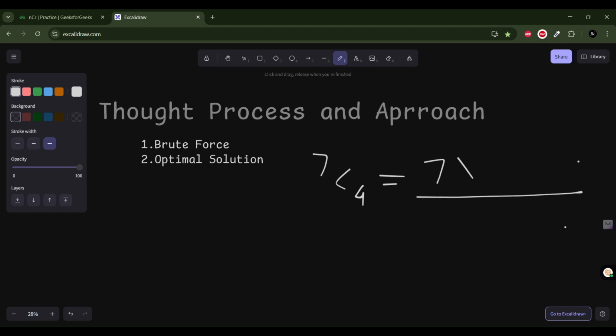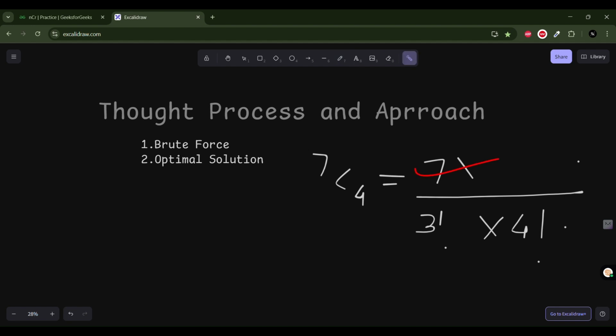Let's write the denominator first: 7 minus 4 is 3 factorial, into 4 factorial, which is r. So we have to expand n until we get n minus r, r times, to cancel it out.